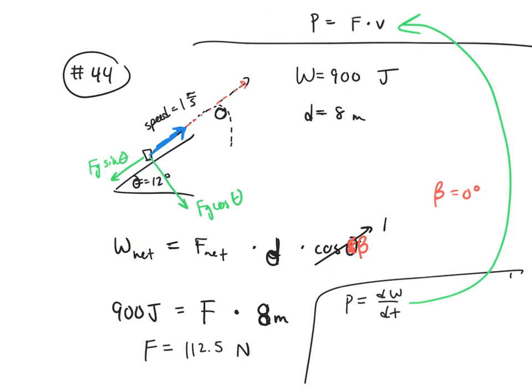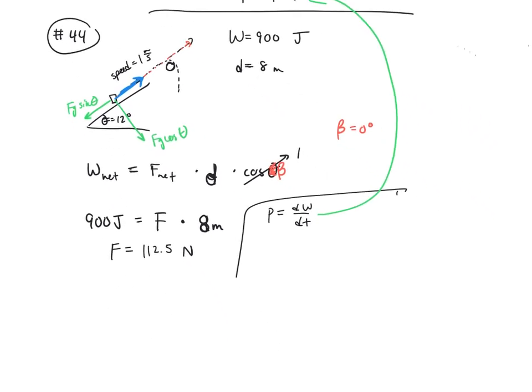In the first scenario, there's my speed. So I take 112.5 times 1. That's the power in the first scenario. But in the second scenario, I'm doing it twice as fast, right? So my velocity is now double. So I'm going to double V, and therefore double the power generated. And that's just logical at this point.